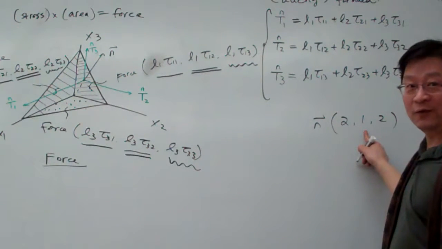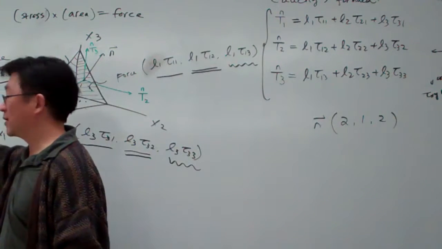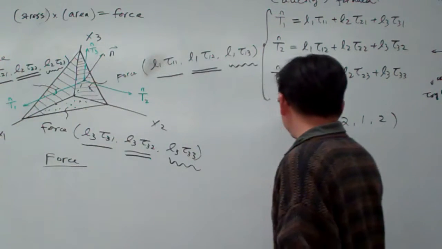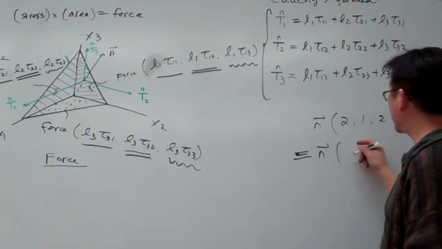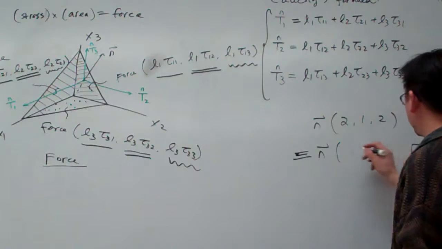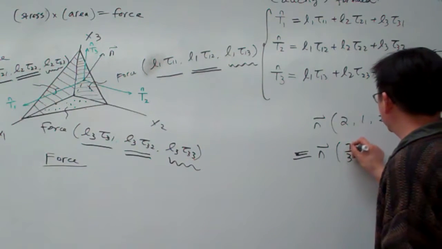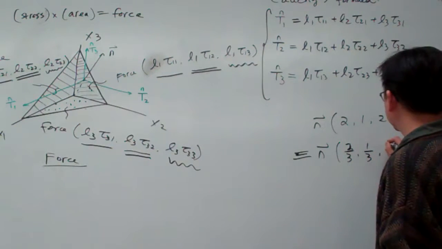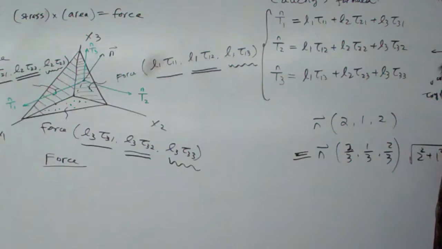This is not the unit vector. In this formula, L1, 2, 3 must be the unit vector components. So that one you have to translate into the unit vector. That is 2 over 3, 1 over 3, 2 over 3, because 2 squared plus 1 squared plus 2 squared equals 9, whose square root is 3.